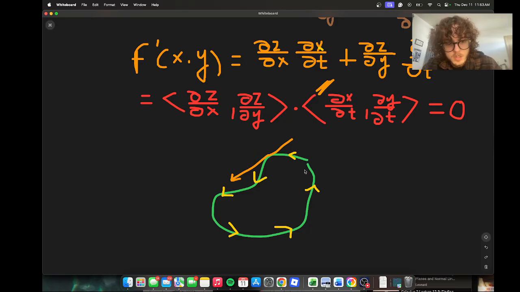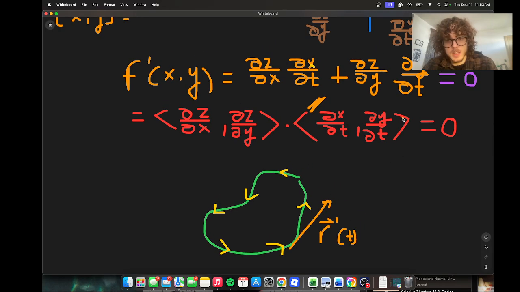I'm actually going to redraw it. I don't want to put it there, I want to put it kind of here. So here's r prime of t, and we know this is the derivative of that vector function. So it's pointing tangent to where that curve is going at that instantaneous point in time. Okay, so that's this vector taken care of.